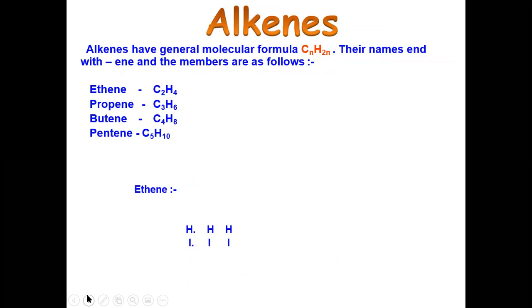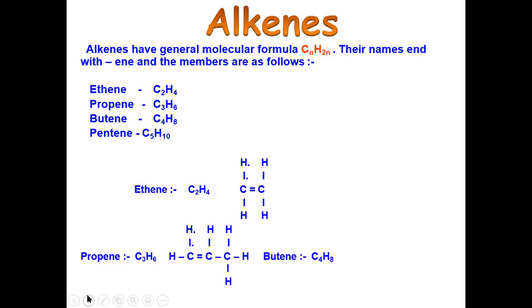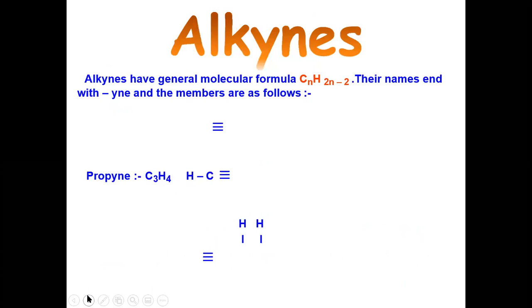This is the structure of ethene. And other examples are propene and butene. Now we will discuss alkynes.